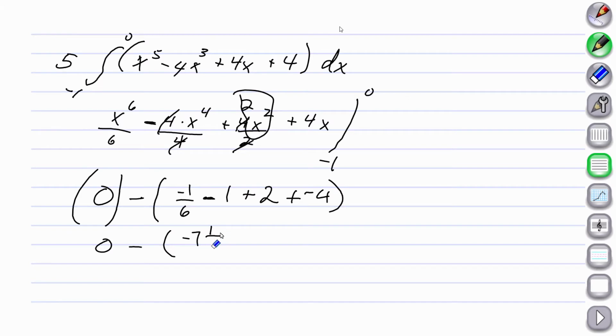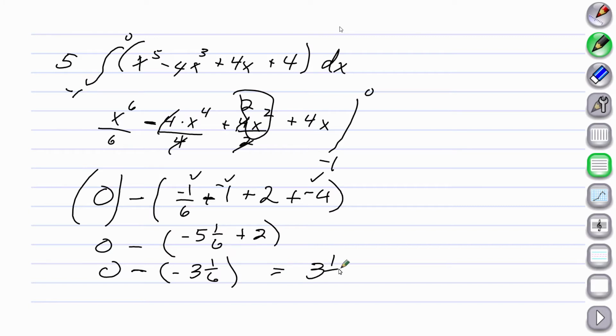No, wait. -5 and 1/6. Add this, this, and this. Check, check. Plus 2. I'm coming up with -3 and 1/6. But then you had the negative outside, so a negative times a negative is a positive. So I'm coming up with a +3 and 1/6.